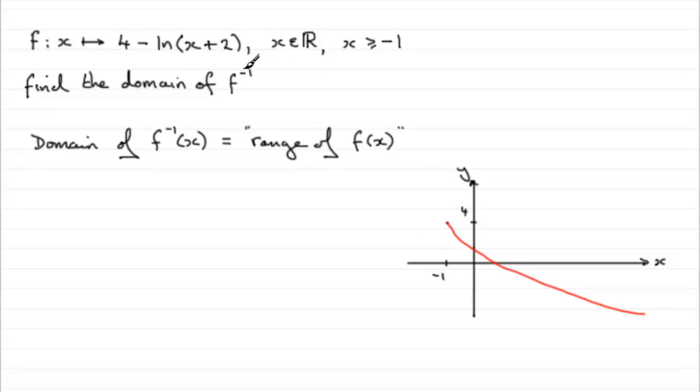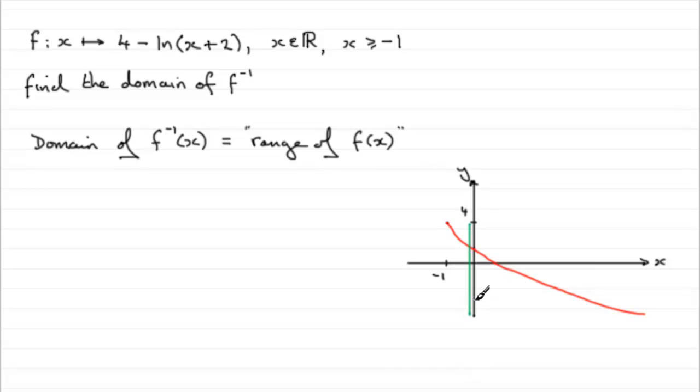So when it comes to looking at what the range of f of x is for x greater than or equal to minus 1, you can see, I hope, that it goes from this maximum value here at 4, and then it goes from here all the way down out to minus infinity.